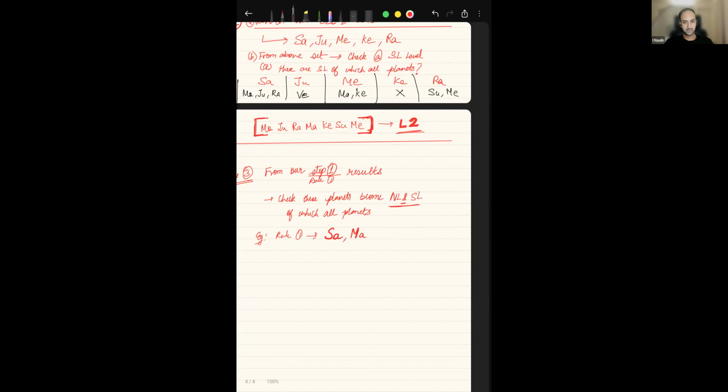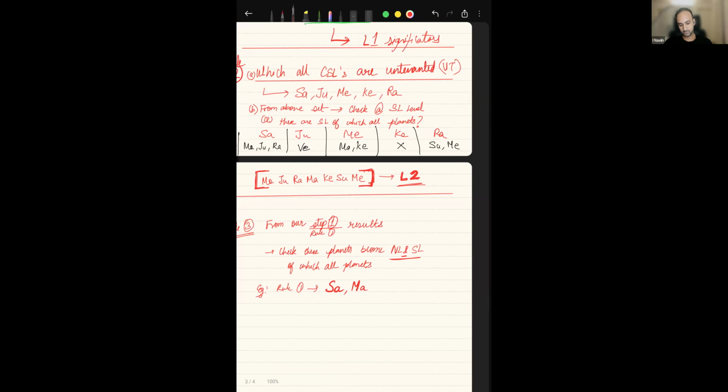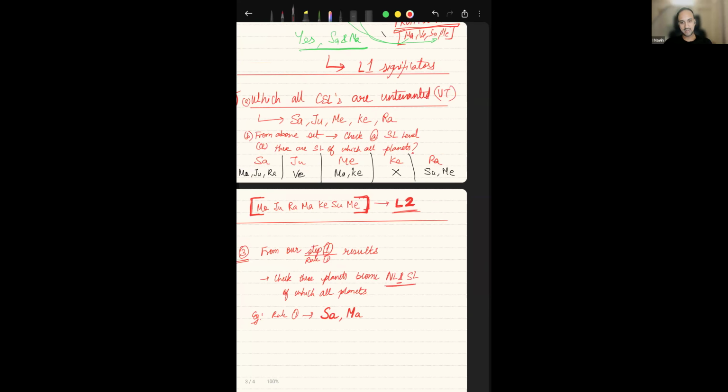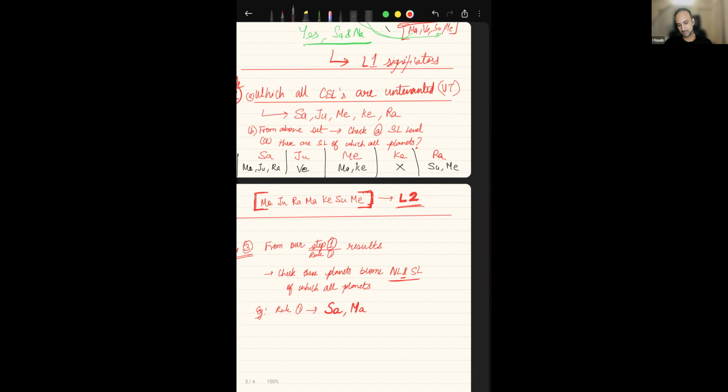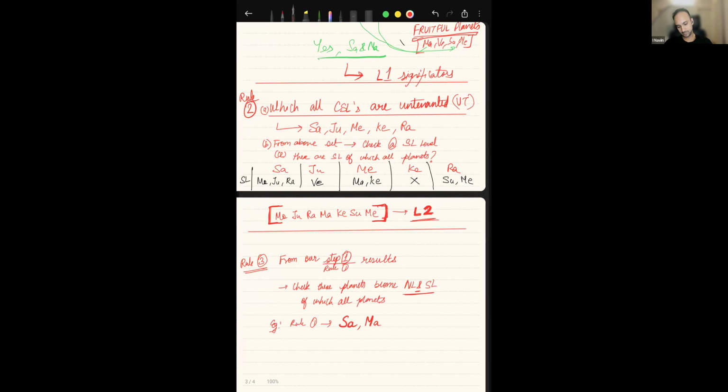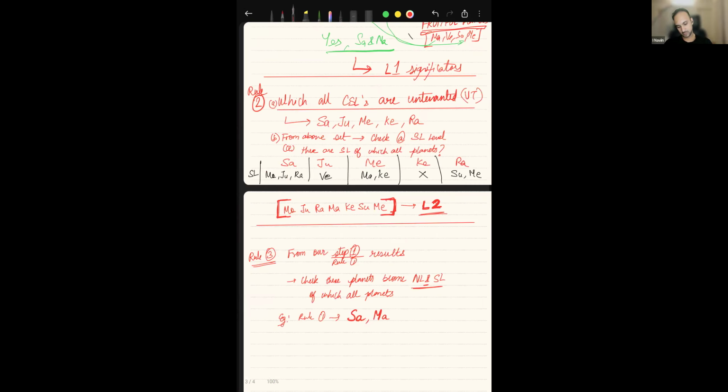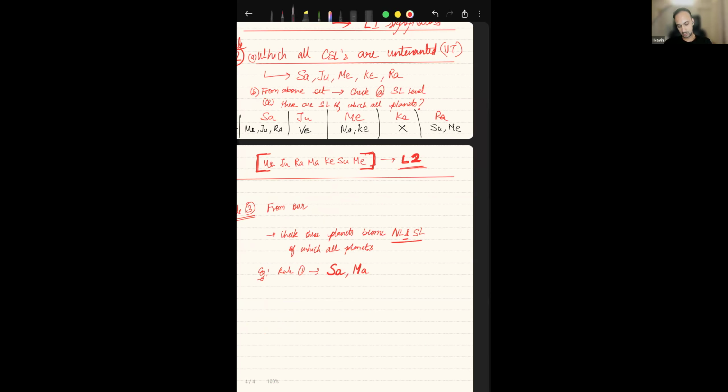So in this case, we need to find out Saturn and Mars become the NL and SL of which all planets. Wait, instead of taking this as rule 1, let's take it as fruitful planets. From the list of fruitful planets, which all planets become the NL and SL.